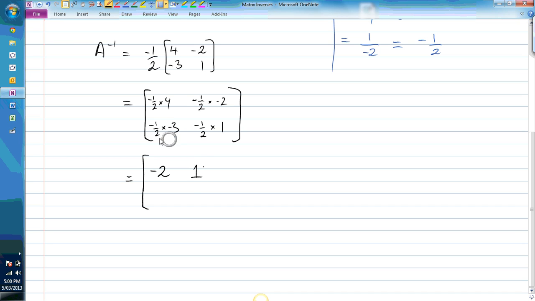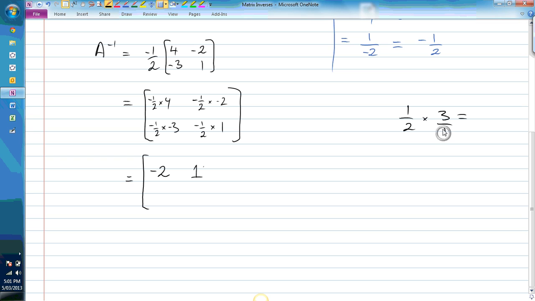Minus a half times minus 3. Again, two negatives multiplied together are going to be a positive. Half times 3, I could write it as 1.5, but it's preferable if you're doing a half times 3 just to leave it as an improper fraction.